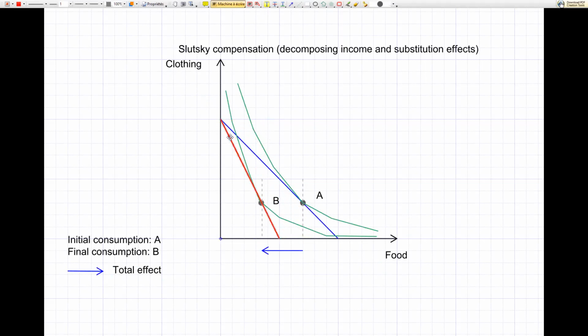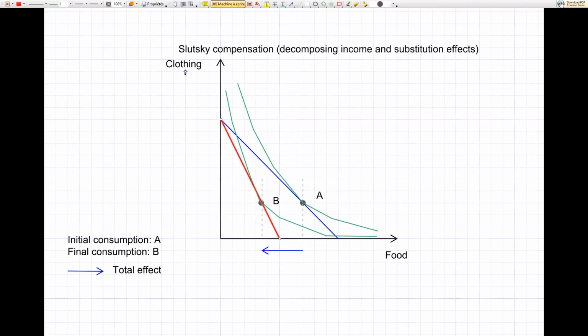So he's saying, okay, the final price of food is at consumption B here, but what's going on? Since there's a change in price, this also affects my purchasing power because I become poorer. At B, I cannot consume as much food or as much clothing as before.